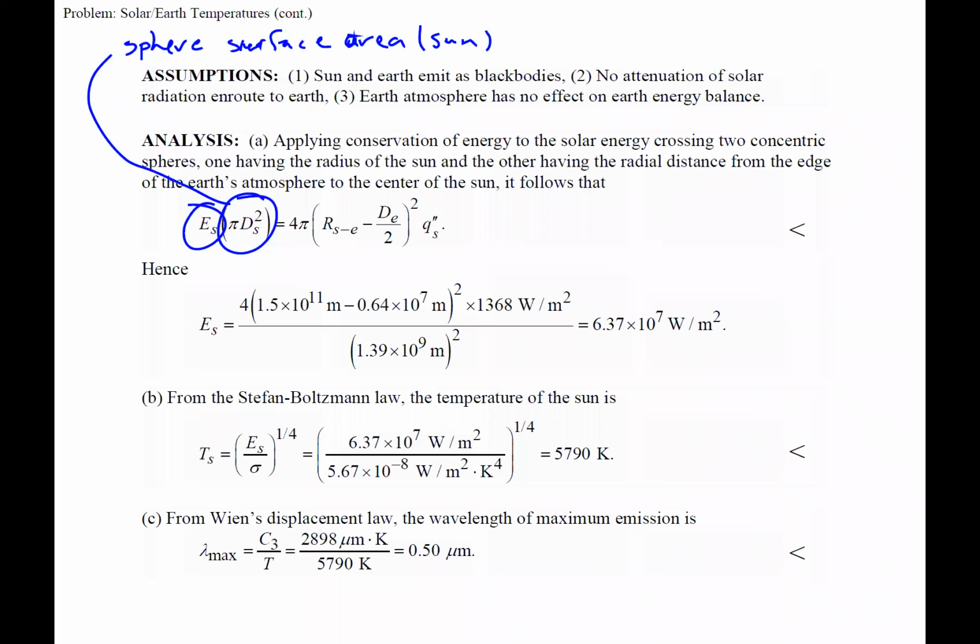It's written with diameter, but it's still a sphere's surface area, even though it's using diameter there. And then over here, that is also a sphere's surface area, but they're using radius instead. And that is the larger sphere.